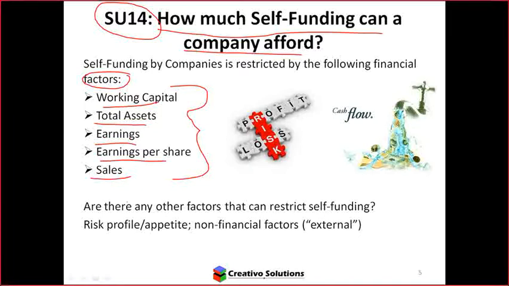The same thing happens in the company. The company may be very aggressive or maybe more conservative. Companies are either aggressive or conservative depending on their profile, but also depending on their working capital, their assets, their resources, and so on.